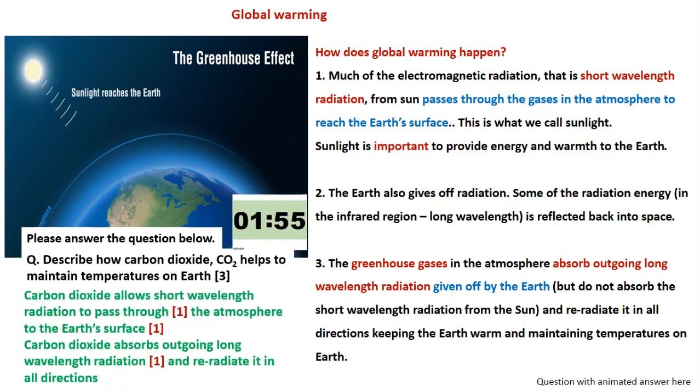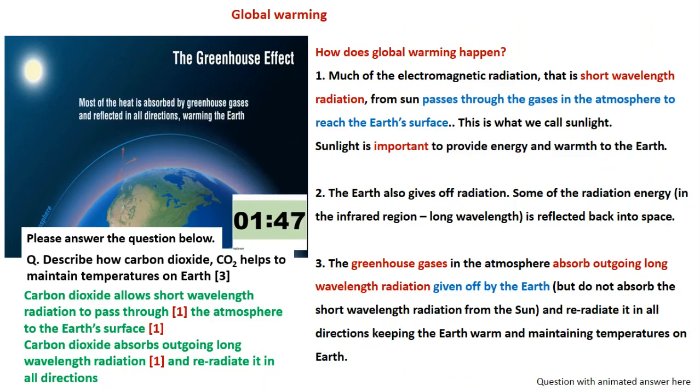I'll put the answer down for you. Number 1, carbon dioxide allows short wavelength radiation to pass through. That gives you a point. To pass through the atmosphere to reach the Earth's surface. That gives you another point.